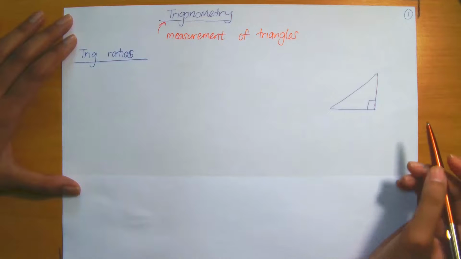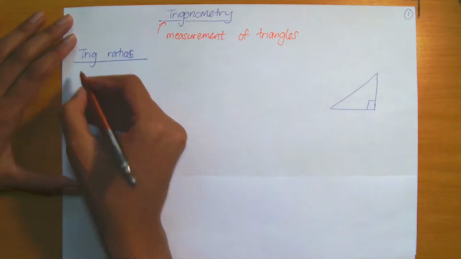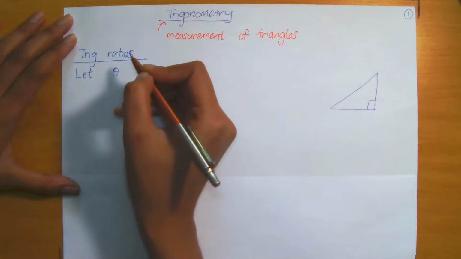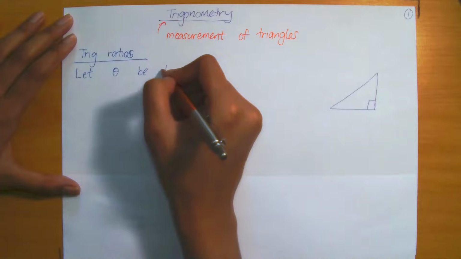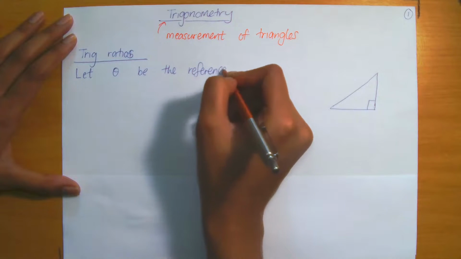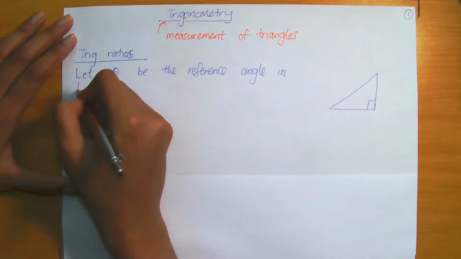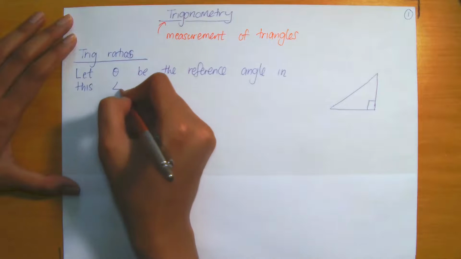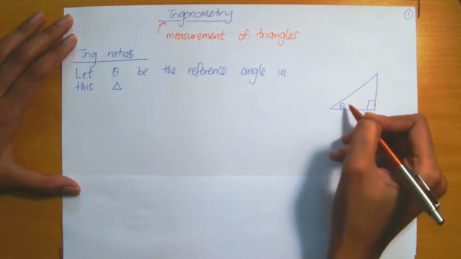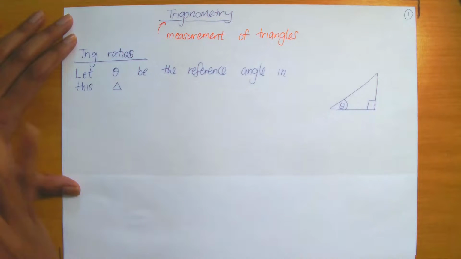So suppose we have this triangle with a right angle in it, and let theta be the reference angle in this triangle. Let's let theta be the angle here. This is the reference angle that I'm now referring to.